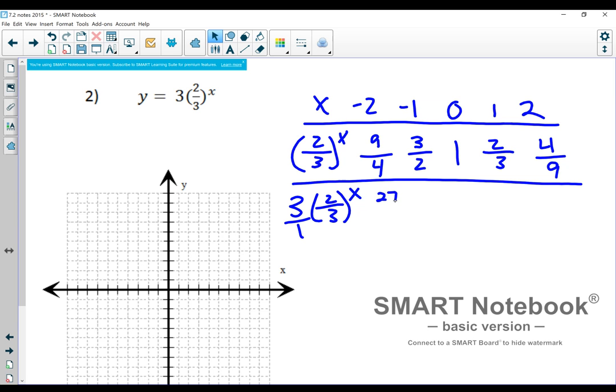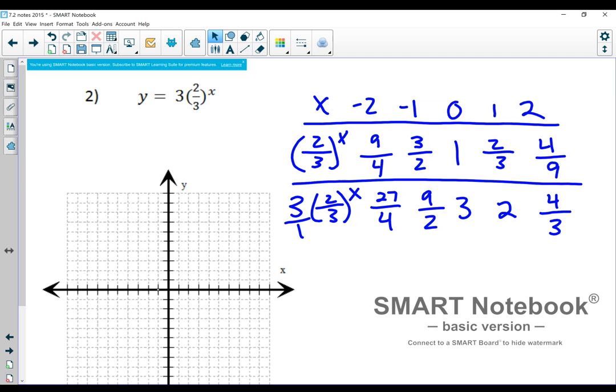So this would be 27/4, 9/2, 3, 2, and 4/3. Now I'm going to graph what I can. 27/4: 4 divides into 27 not quite 7 times, so I'd have 6 3/4.